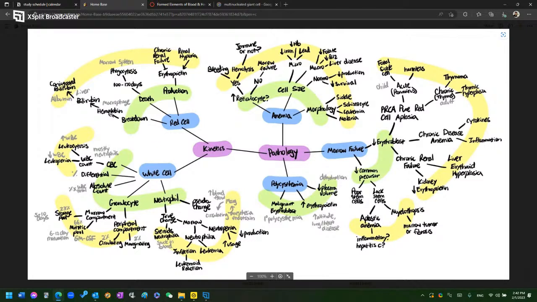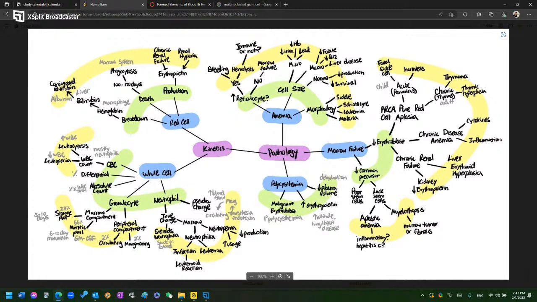So the breakdown process, they get turned into hemoglobin by the macrophages. Normally the process will also involve a full breakdown, which will cause you to excrete it. So if you want to excrete it, it'll turn into bilirubin, and then it will turn into conjugated bilirubin, where it can be processed at the liver.